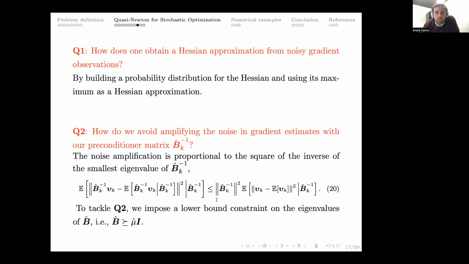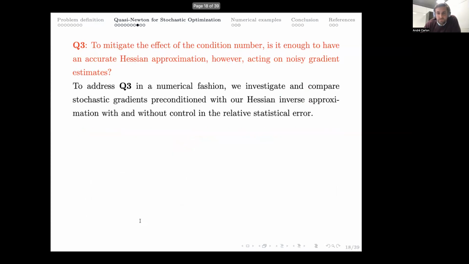So since we control the smallest eigenvalue of P hat, we are also controlling how much we are amplifying the noise on the relative statistical error of our gradient estimate. So also we will be helping a lot the optimization stability by controlling the smallest eigenvalue of our Hessian approximation B hat.